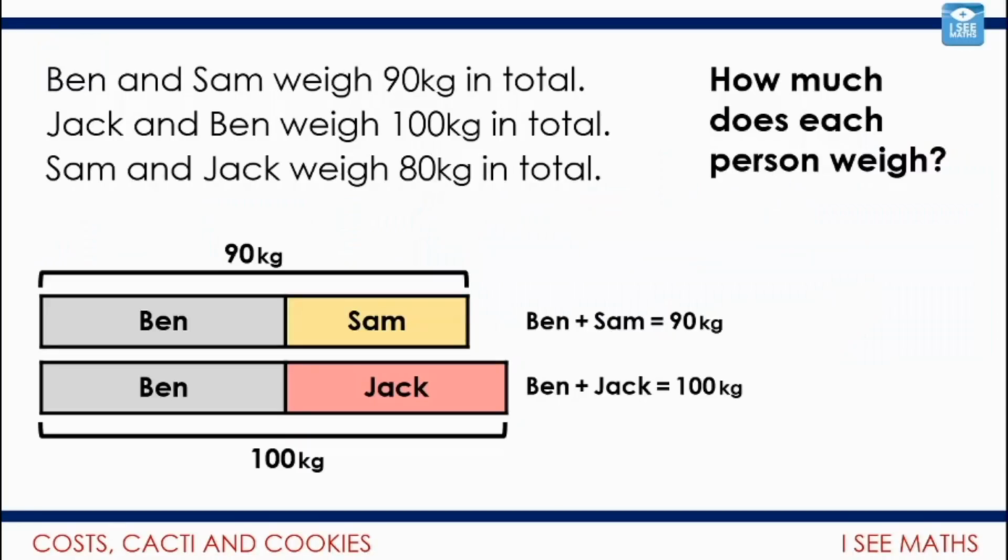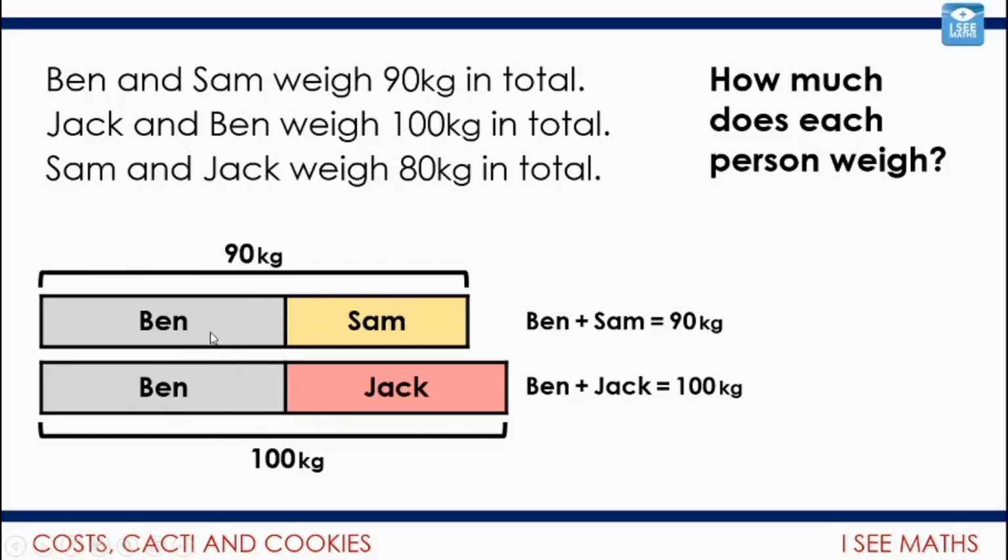So this was one. Ben and Sam weigh 90 kilograms in total. Jack and Ben weigh 100 kilograms in total. Sam and Jack weigh 80 kilograms in total. How much does each person weigh? The bar model shows the first 2 number sentences. So here we've got Ben and Sam weighing 90 kilograms and Jack and Ben weighing 100 kilograms.